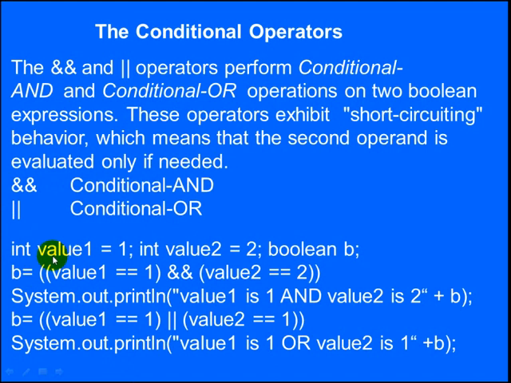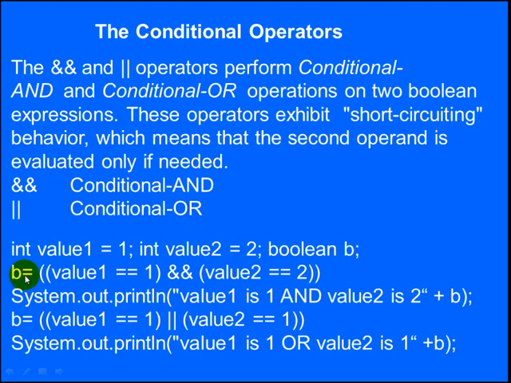We have a variable value1 of data type integer, and we are storing 1 in it. We have one more variable value2 of data type integer, and we are storing 2 in it. Now one more variable we have, that is boolean b. It means in this boolean variable b we can store either true or false.